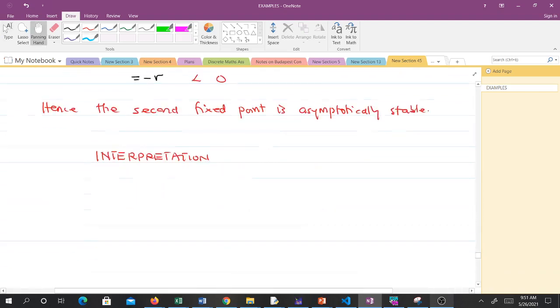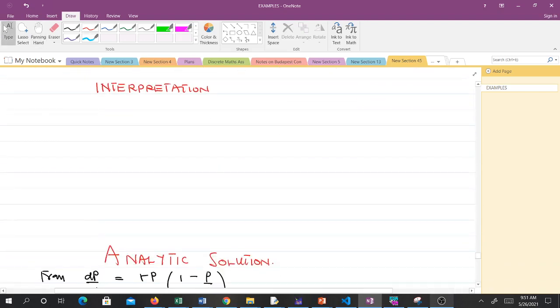So what is the interpretation of what we just did? Okay, so maybe let's see. Let me just draw a diagram here. So let's say we have something like this. Let's say this place is 0, and this place is, let's say, k.